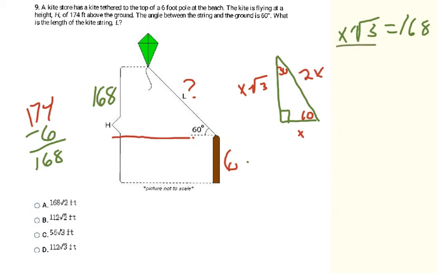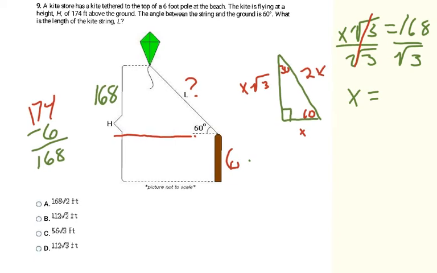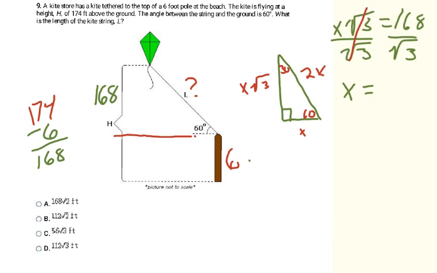And then I'm going to go ahead and solve for x. So here I divide both sides by the square root of 3 so that those cancel out and I'm left just with x. And then 168 divided by the square root of 3 is 56 square root of 3.